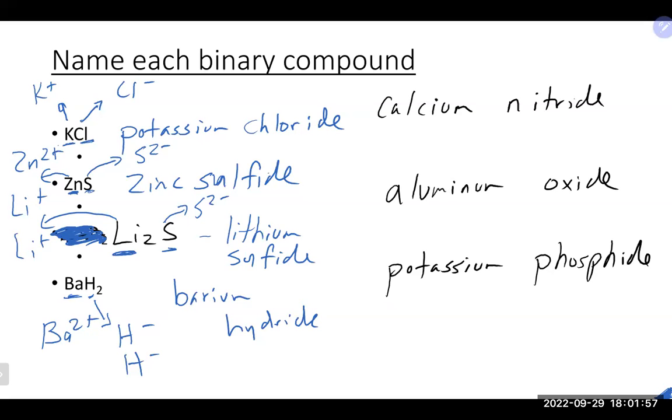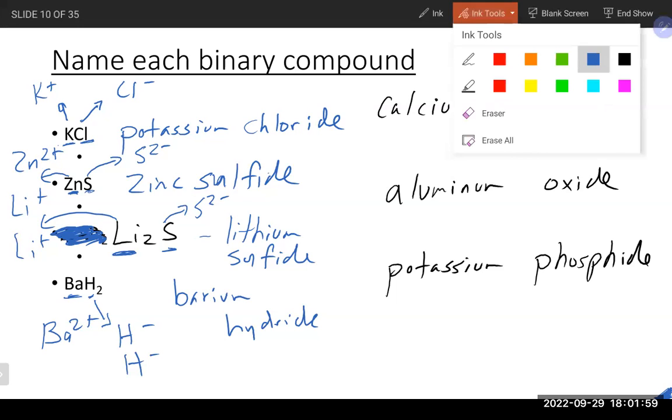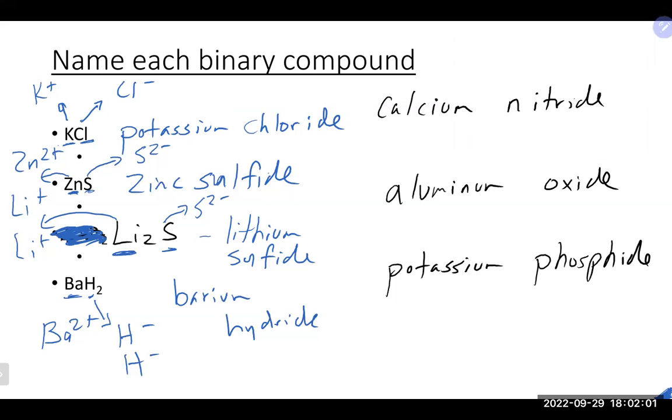All right, so going to formulas from names, we basically want to just take the parts and put them together to equal 0. So calcium here is group 2, which means it should be a +2. Nitride is nitrogen from the periodic table, which is group 5, which means it has a -3.